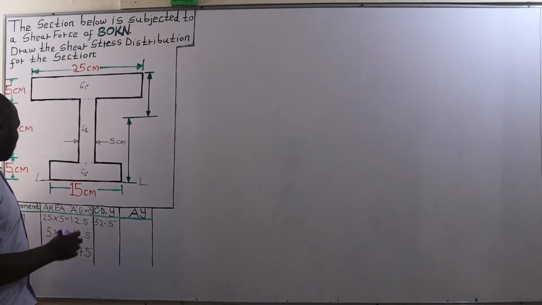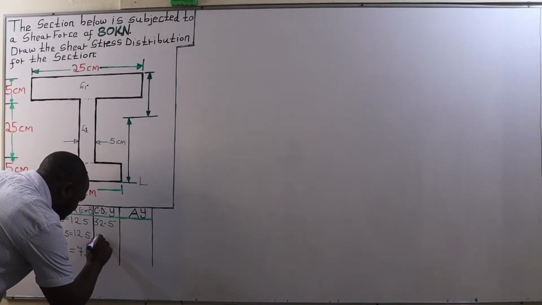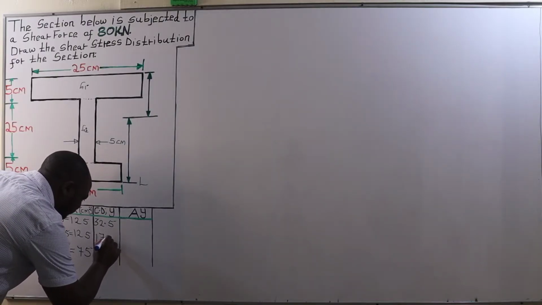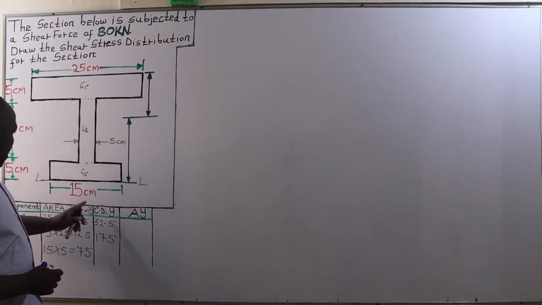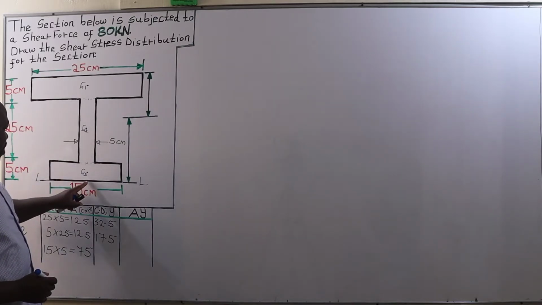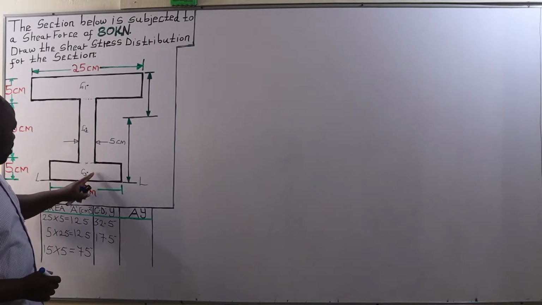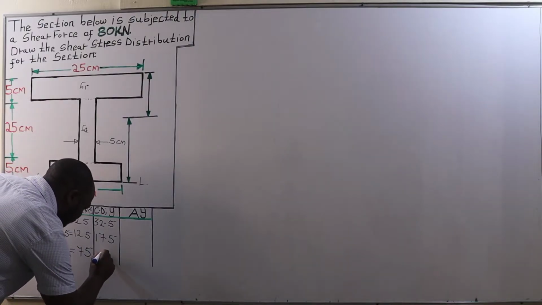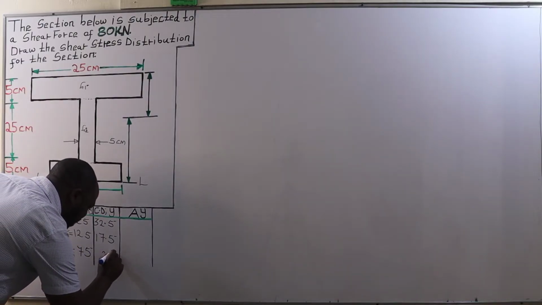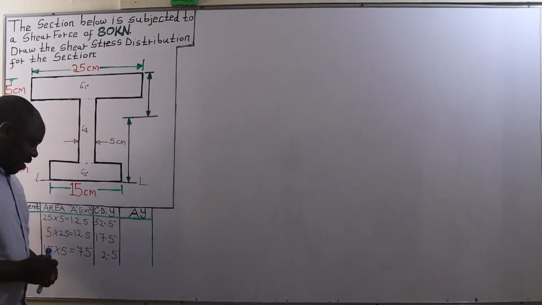For the second one, we have 17.5 centimeters. And for the third component, the lower flange, the distance from LL to G3 will be half of 5, which is 2.5 centimeters.